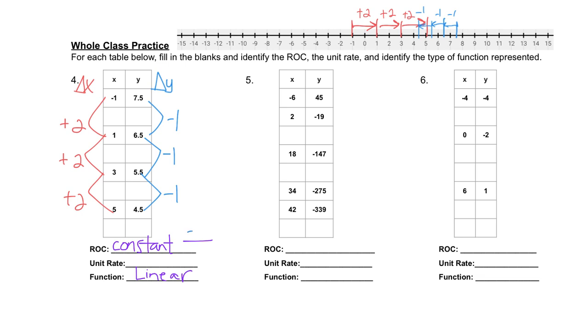Our change in y is -1, our change in x is 2. And remember, for our unit rate, we simply have to divide -1 divided by 2. That's going to give us -0.5, and that's what's going to be over 1. So as the x increases by 2, the y decreases by 1.